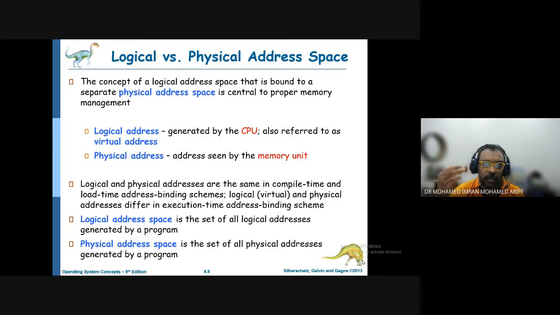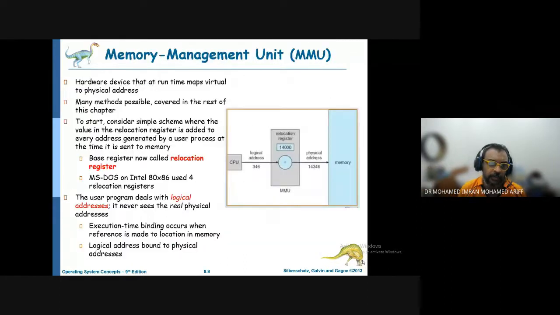All right, so once the CPU wants a specific file, it will come up with a logical address, and this logical address will be converted by the operating system into the physical address. The location of the physical address is the file that is needed by the CPU.